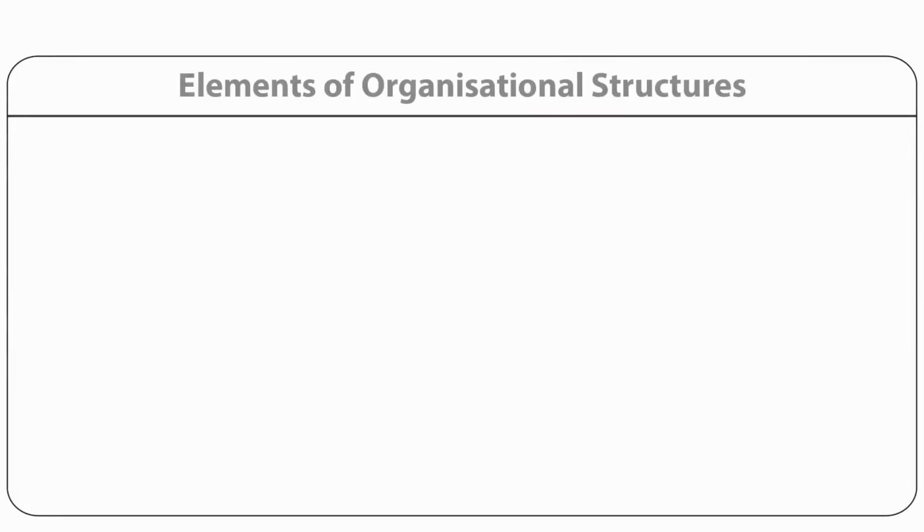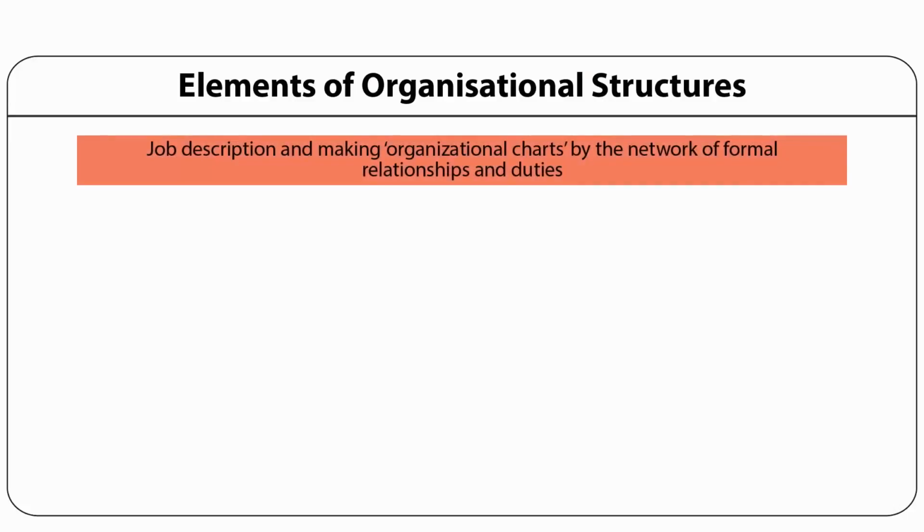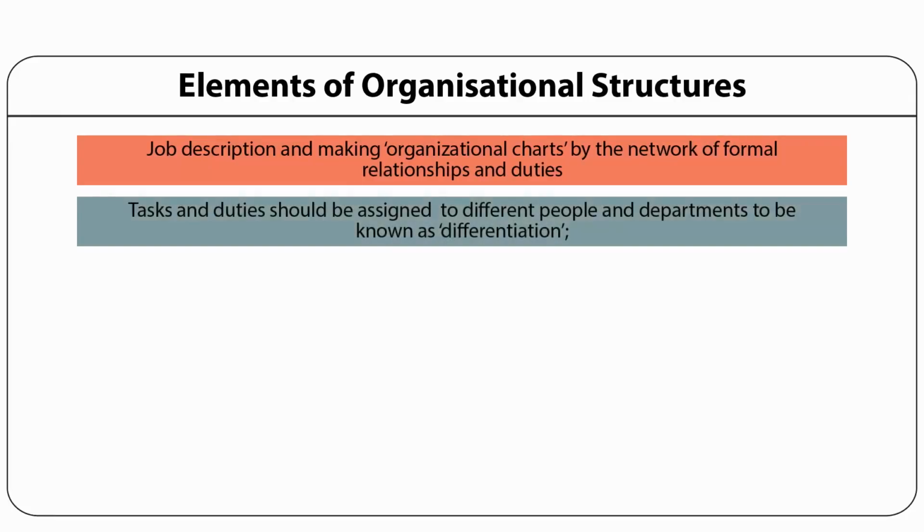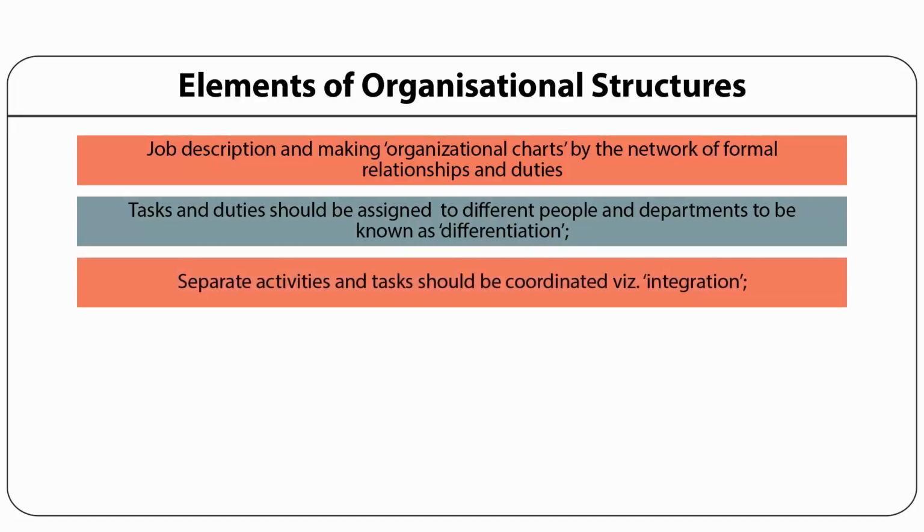Then we come over to the elements of organizational structures. What are the elements? First is job description and making organizational charts, the network of formal relationships and duties. Then tasks and duties should be assigned to different people and departments, known as differentiation. Separate activities and tasks should be coordinated, that is integration.